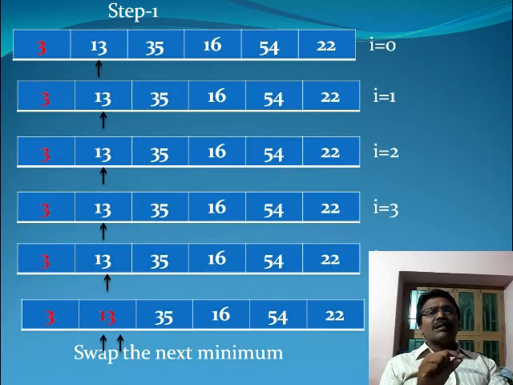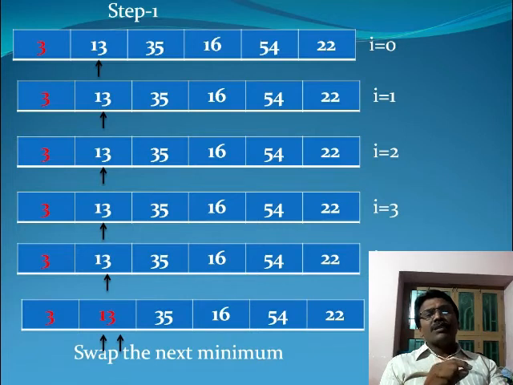In this case, the minimum is 13. Next iteration, a of 1 represents 35. Compare with the minimum: the previous 13 is the minimum, so we cannot change. Next iteration, i is 2. a of 2 is 16.